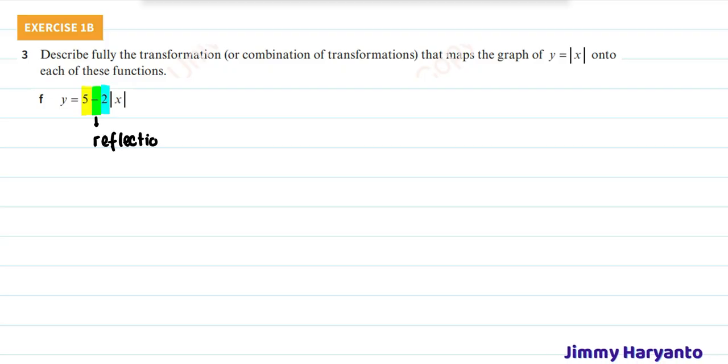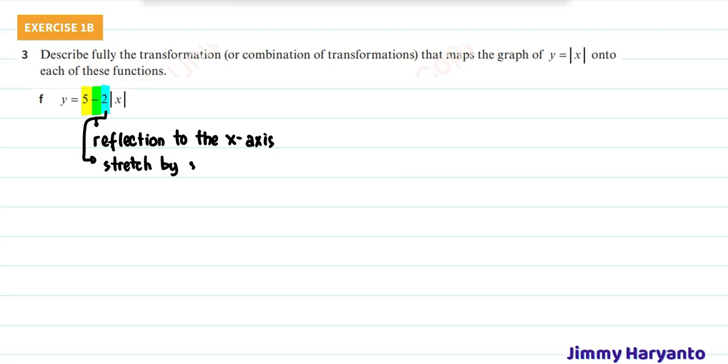For the negative it will be reflection to the x-axis, and then for the 2 it will be the stretch by a scale factor of 2 in the vertical direction, or you can say in the y-axis direction.